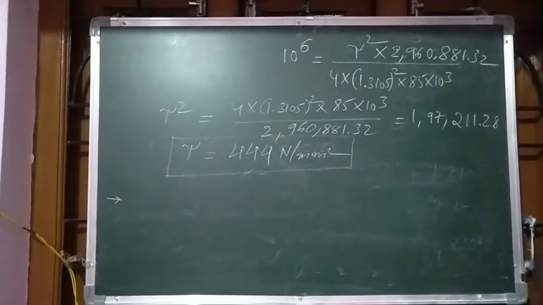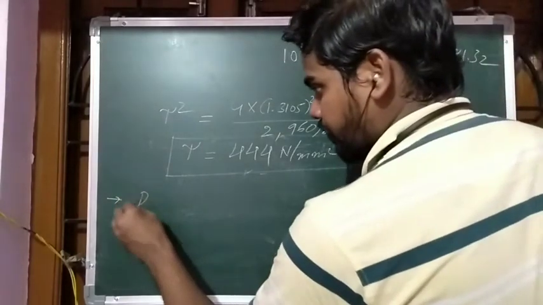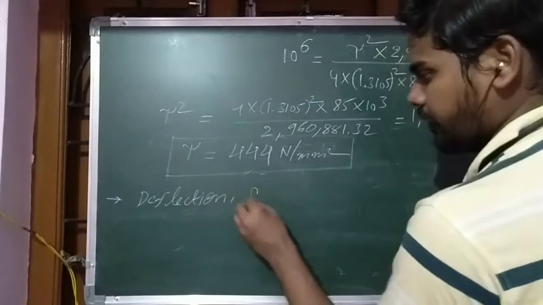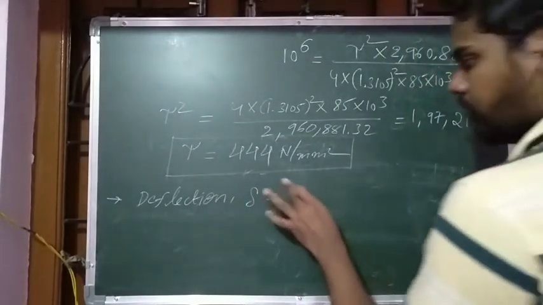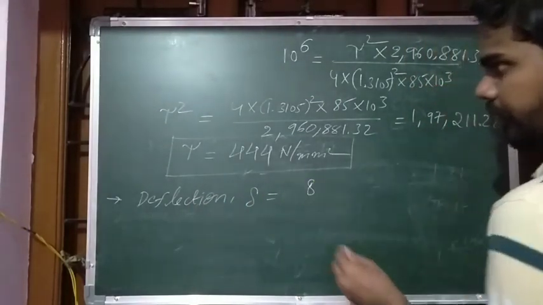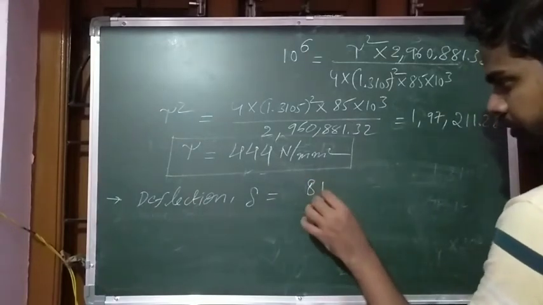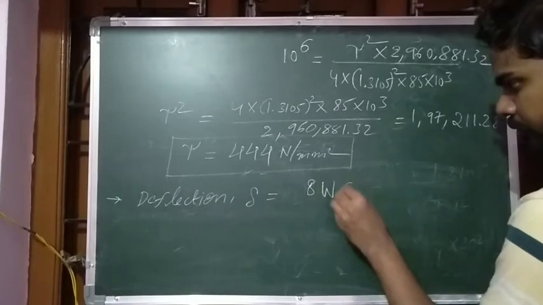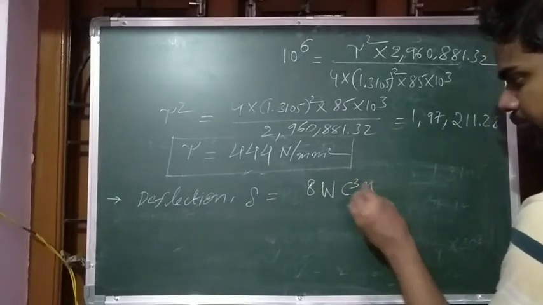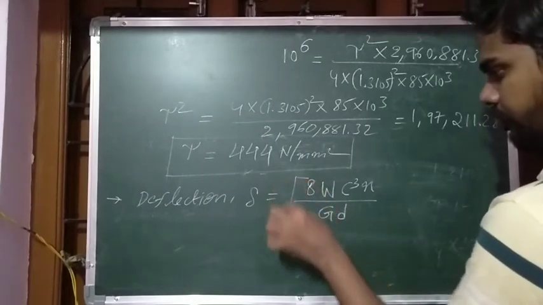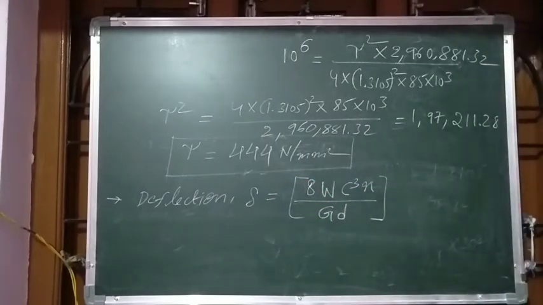Next, we have to calculate the deflection. Deflection delta is equal to, in general, 8 W C cube N by G d.